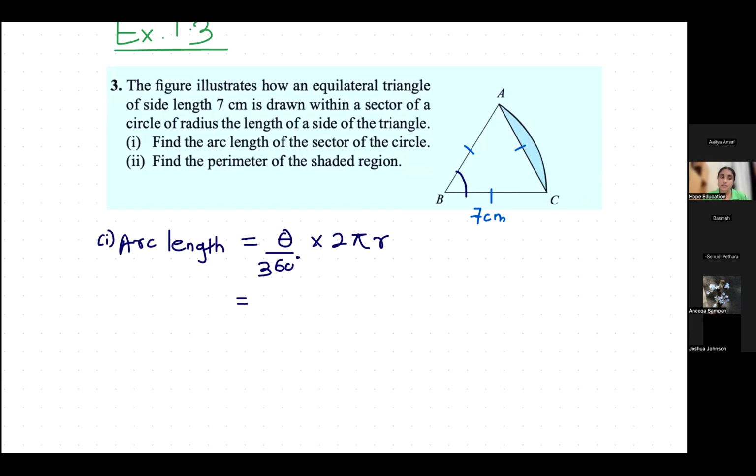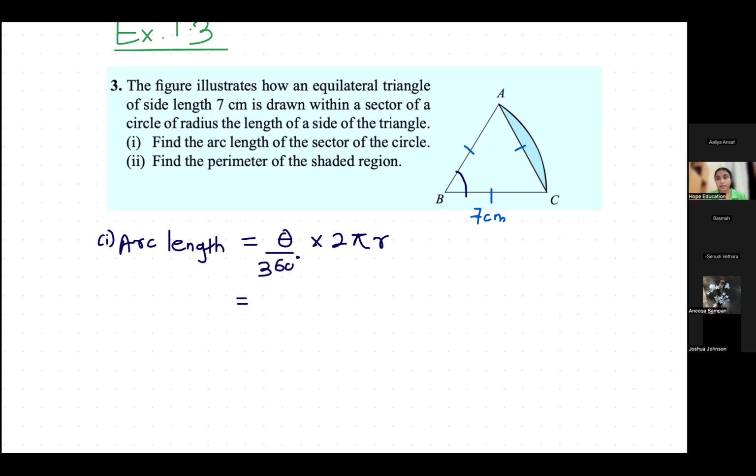Okay, Basma says 60 degrees. What do others think? Okay, 60 degrees. Yes, it is correct. Shweta, yes, 60 degrees is correct. But why 60? How did you get 60? Because it's an equilateral triangle.